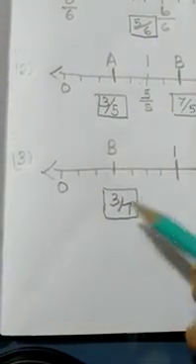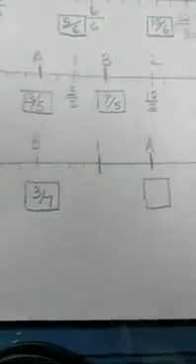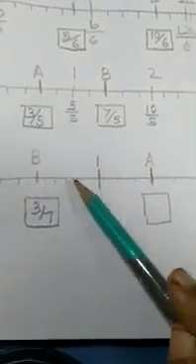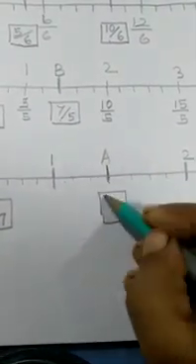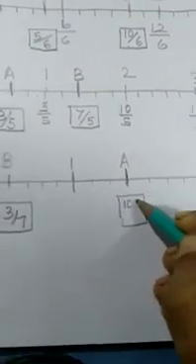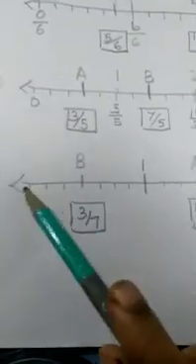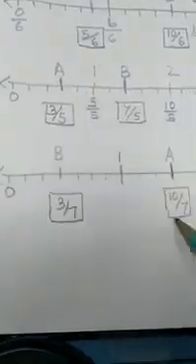B shows the fraction 3 by 7. And next, A. 1, 2, 3, 4, 5, 6, 7, 8, 9, 10. So this part shows 10 by 7. Since 0 to 1 has been divided into 7 parts, the denominator is 7.